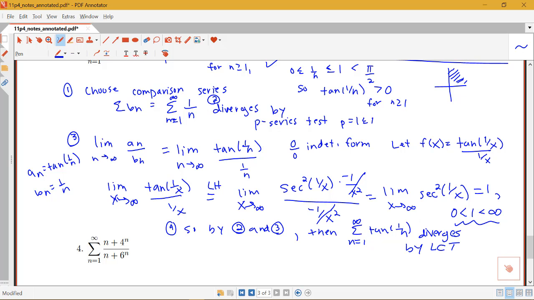Okay, because I compared it to the sum of 1 over n, showed that those terms were growing at the same rate, so this sum must also diverge.